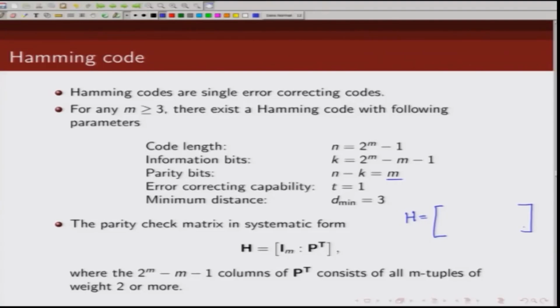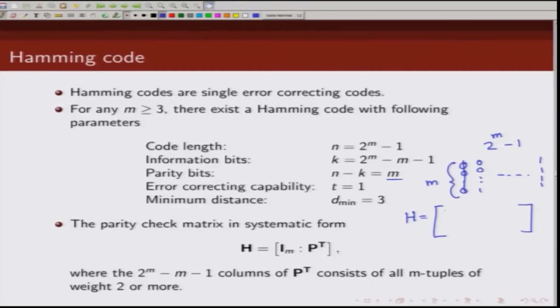We have total 2 raised to the power m tuples, like 0 0 0 0 0 1 and you can go on up to all ones, and this is m times. Now, if we remove the all 0 tuple, the total number of non-zero m tuples is 2 raised to the power m minus 1.